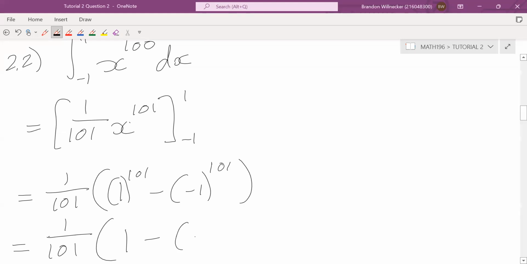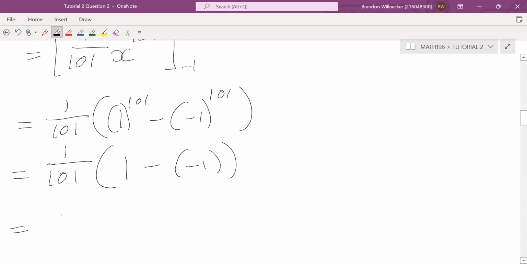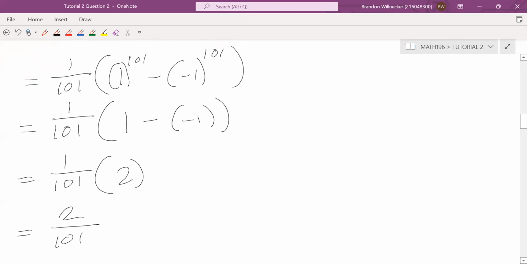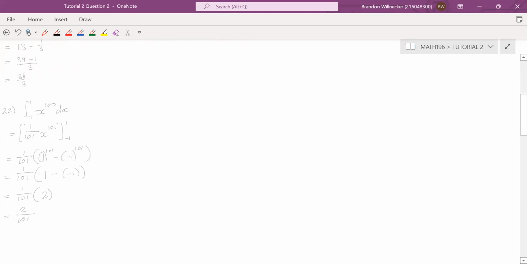So this will be 1 minus -1. 1 minus -1 is the same as 1 plus 1, so we have 2. So we end up with 2 over 101. Any questions about this one?